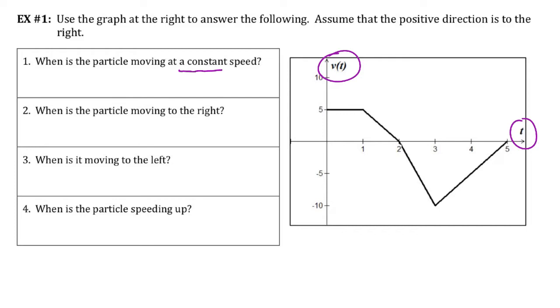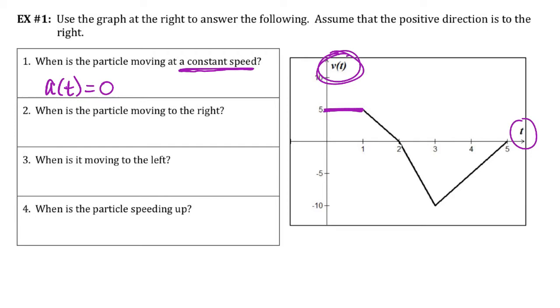If we're moving at a constant speed, that means that my acceleration is going to be 0 because we're looking at a derivative. And notice if you're looking at your graph here with your velocity, for this area here from 0 to 1, we're moving at a constant speed.